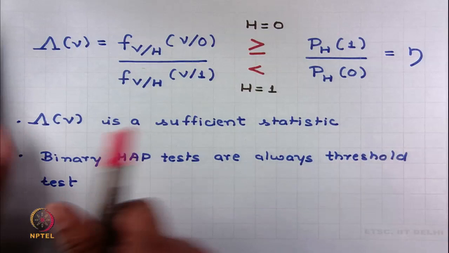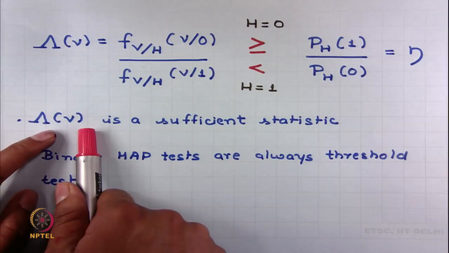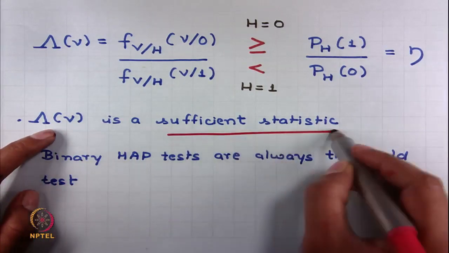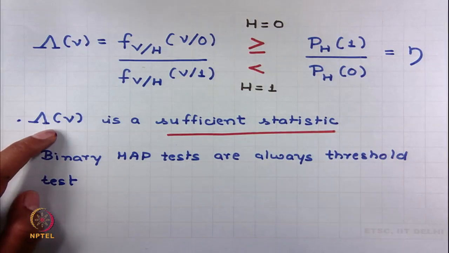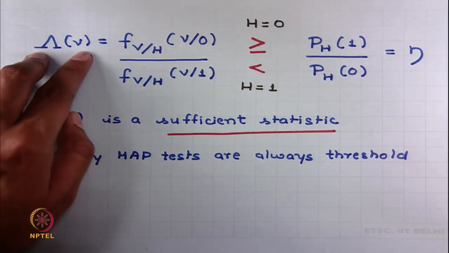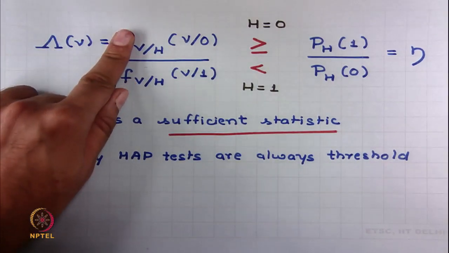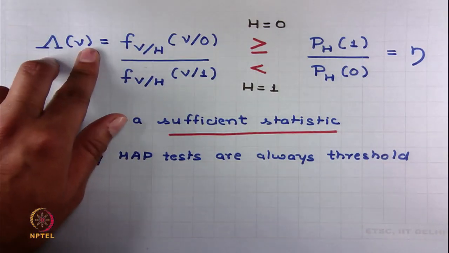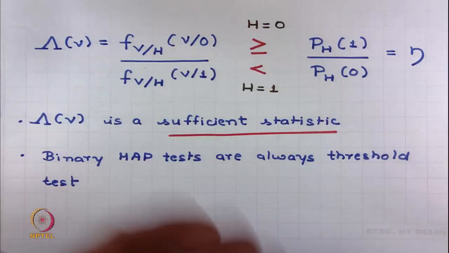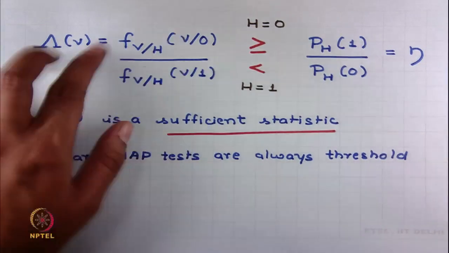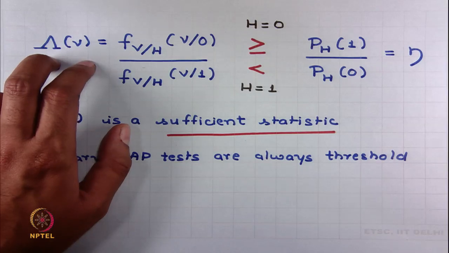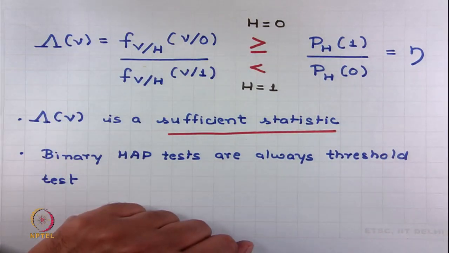Then we say that this likelihood ratio is a sufficient statistic. Once you have obtained this likelihood ratio, these likelihoods themselves are not relevant. So, if a detector has this likelihood ratio, it can simply decide on this hypothesis based on this likelihood ratio. These likelihoods are not relevant.